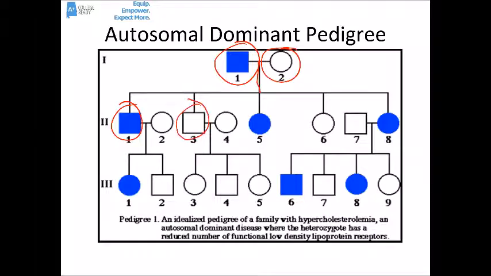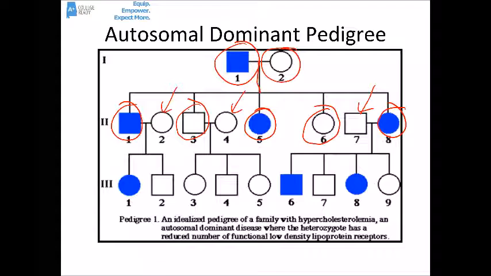They have a son who's not affected here, a daughter who's affected, a daughter who's not affected, and another daughter who is. Notice that this individual and this one and this one, these would be their sons and daughters-in-law. Okay, they're the mates to their children.